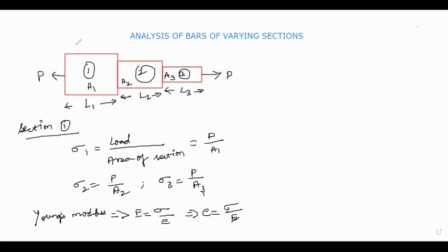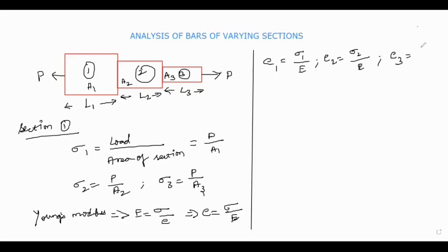Now you can write the strain equation in terms of stress and modulus E. So for section 1, strain epsilon 1 will be equal to sigma 1 by E. Similarly, for epsilon 2, sigma 2 by E, and for epsilon 3, sigma 3 by E.